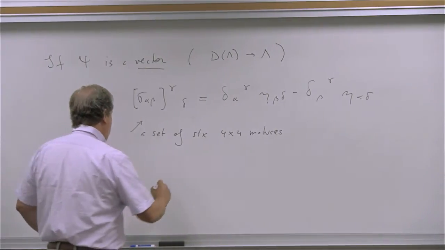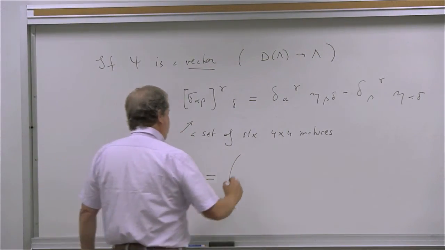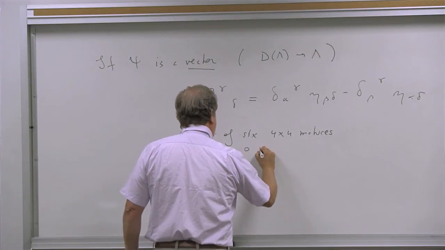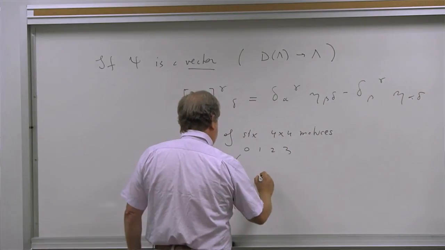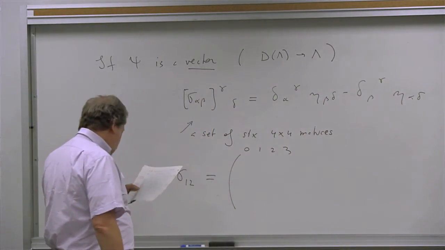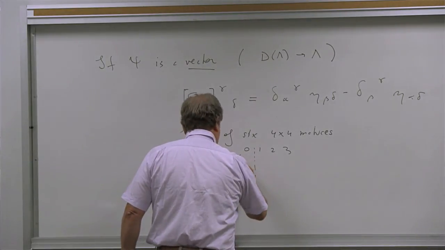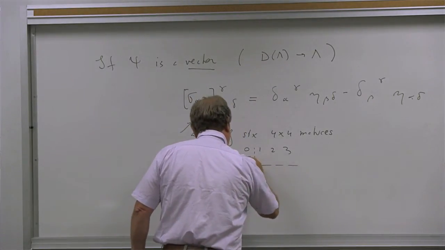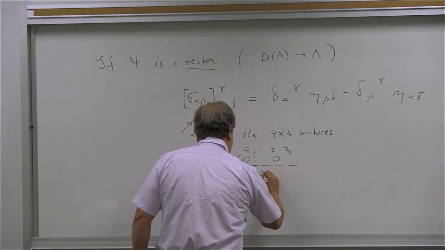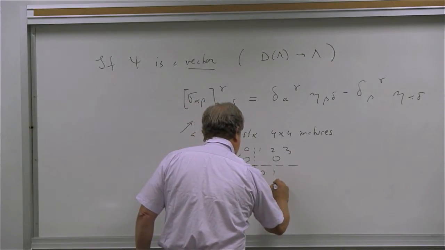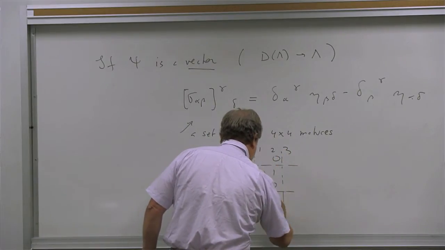So actually, sigma 1,2, you can figure that out in a minute or so: if you label the components by 0, 1, 2, and 3, then this is 0 everywhere, except it is 1 and -1. So 0 here, 0 here, 0 here, and the 1,2 entries are 0, 1, -1, and 0, and then everything else is 0 again.